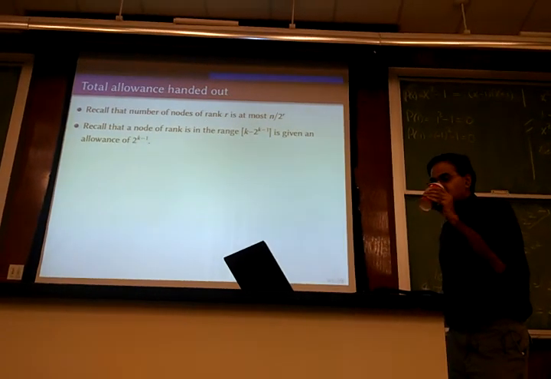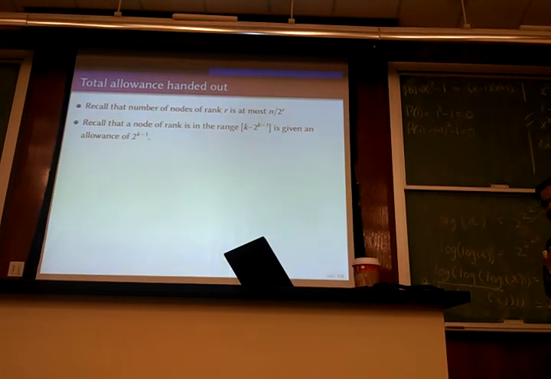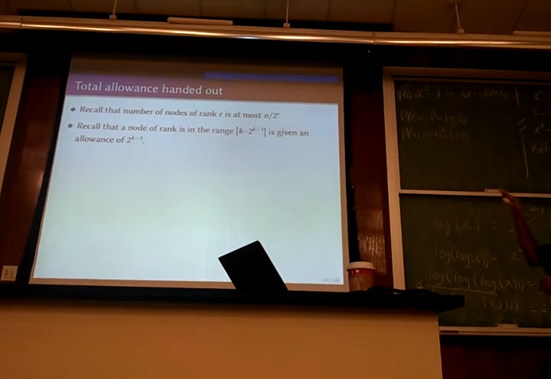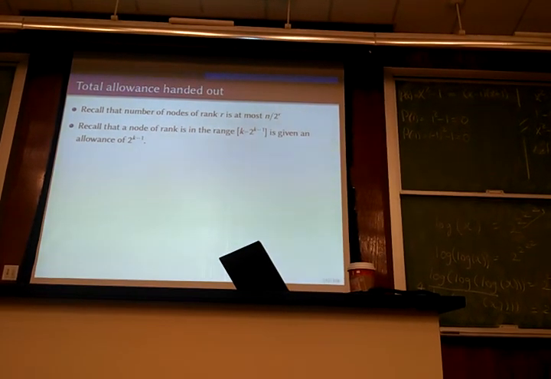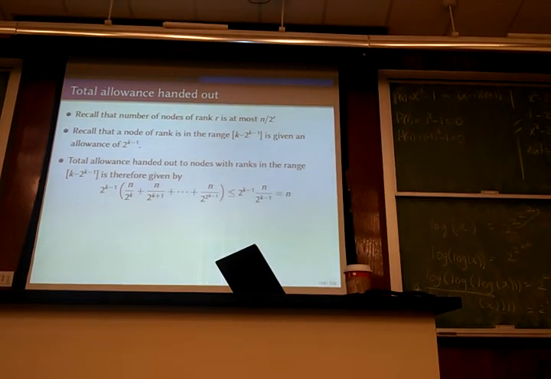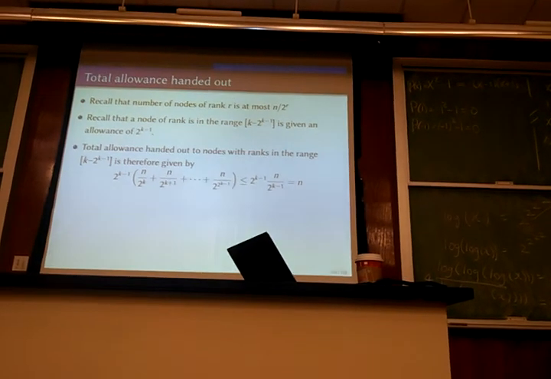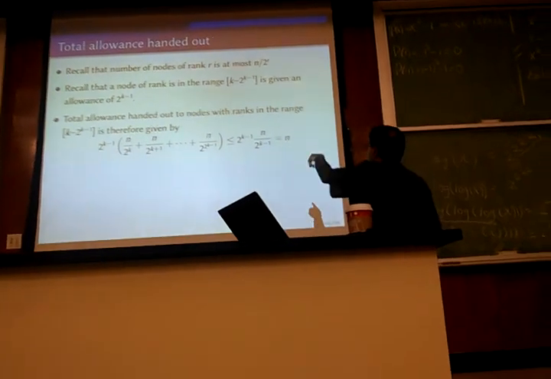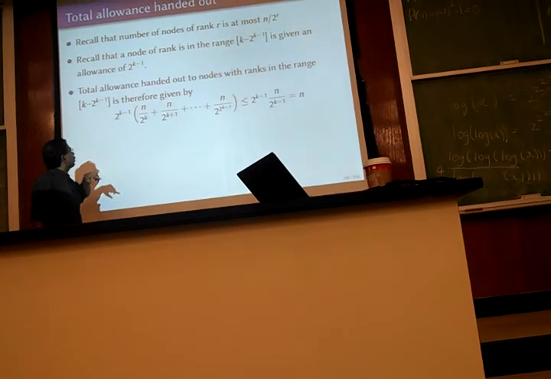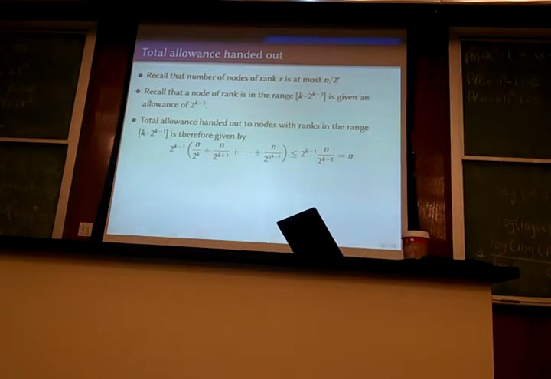Okay, remember we gave this allowance 2 to the power k minus 1 for a node in the range k to 2 to the power k minus 1. So if we add up the allowances that we have given, we have this number. Now, why do we have this number? So let's write this down.